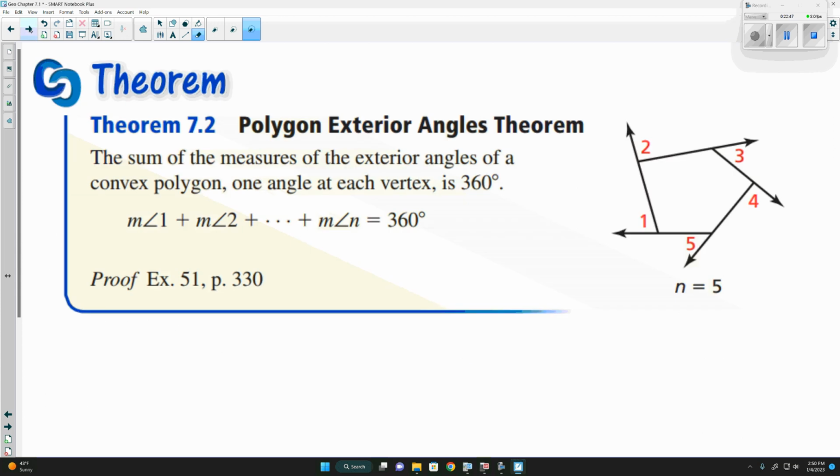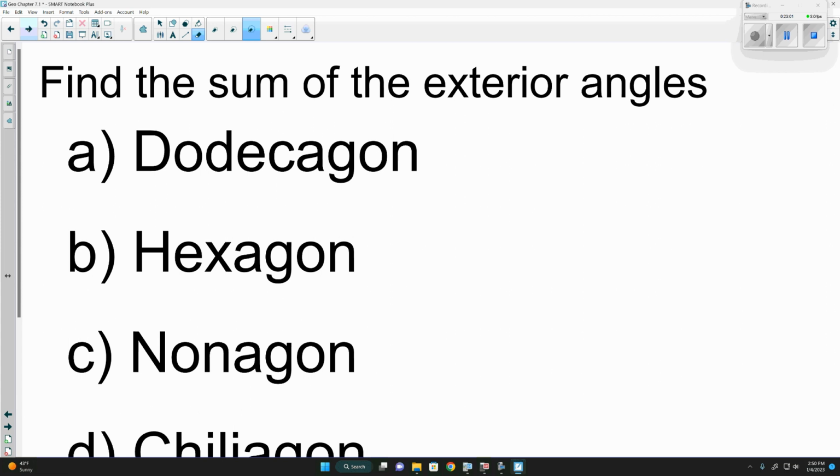All right? The sum of the measures of the exterior angles of a convex polygon, one angle at each vertex, is what? Okay? What is the sum of the exterior angles of a dodecagon? So the sum of the exterior angles is?